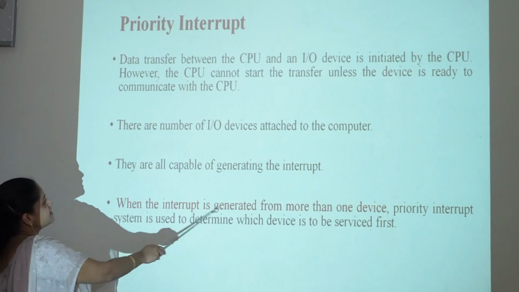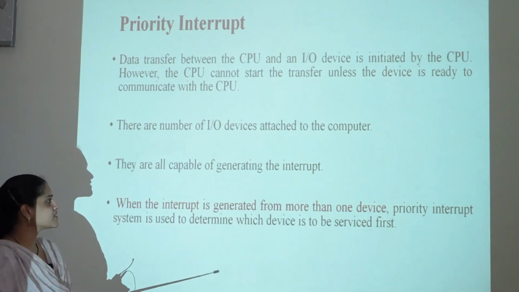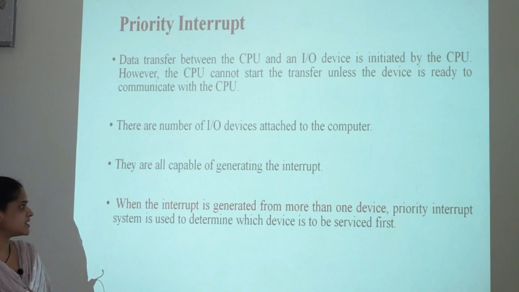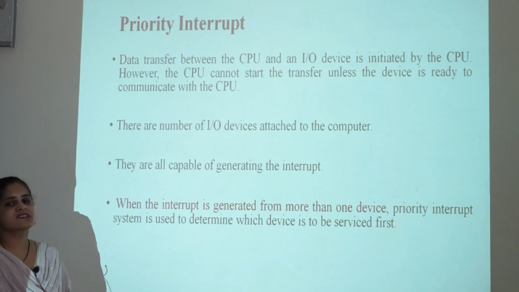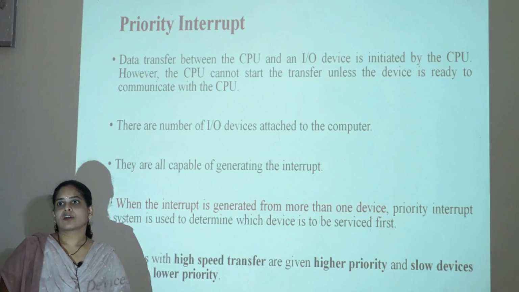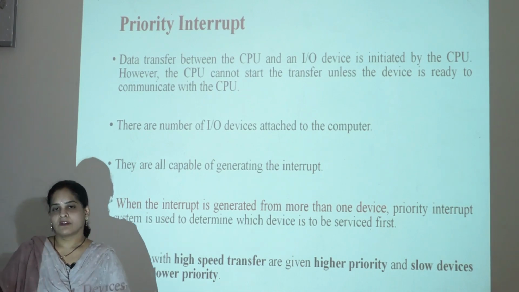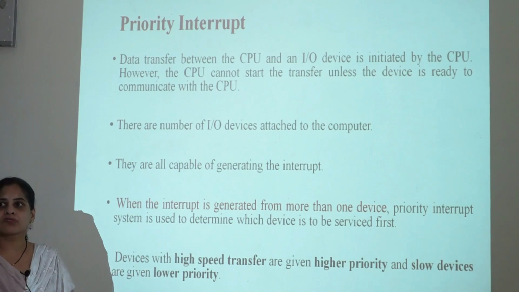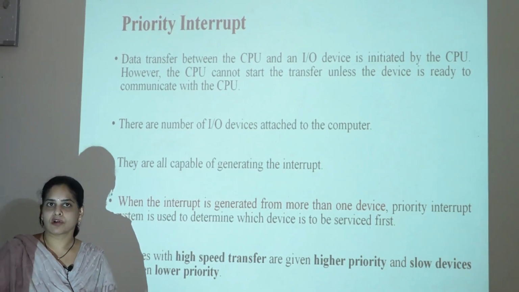Whenever an interrupt signal is generated from more than one device, the priority interrupt system is used to determine which device is serviced first. In order to determine this, the CPU is going to assign priorities to the input output devices.